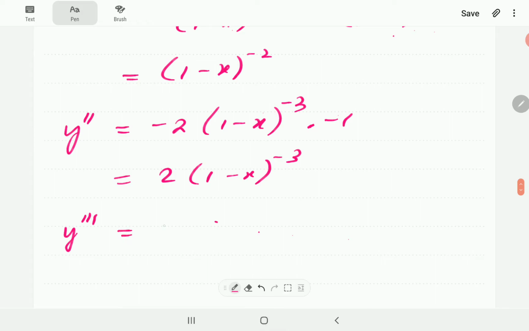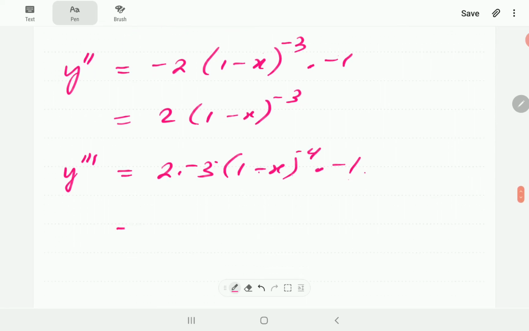Third order derivative is going to be 2 times -3, 1 minus x to the power -4, then the derivative of the inner function is -1. And then again, this becomes a positive.